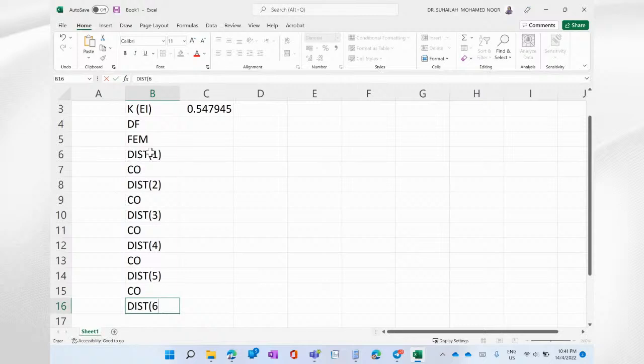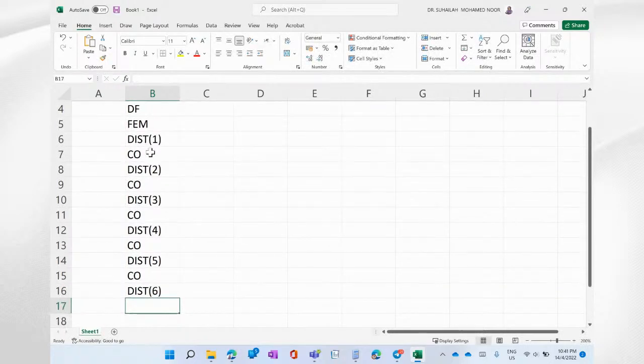Normally 5 or 6 times will be enough. We will find 0.0-something. If not, then continue to another cycle. And then the end moment.